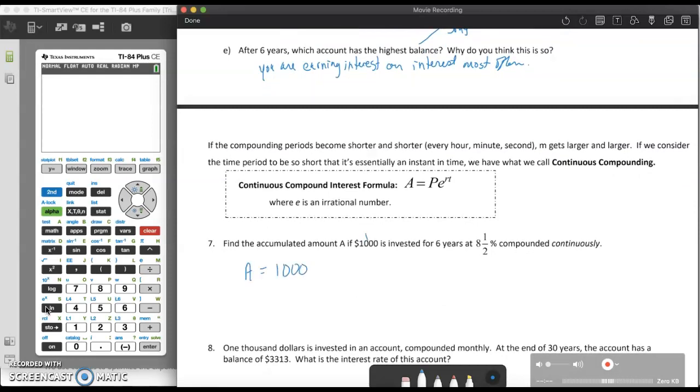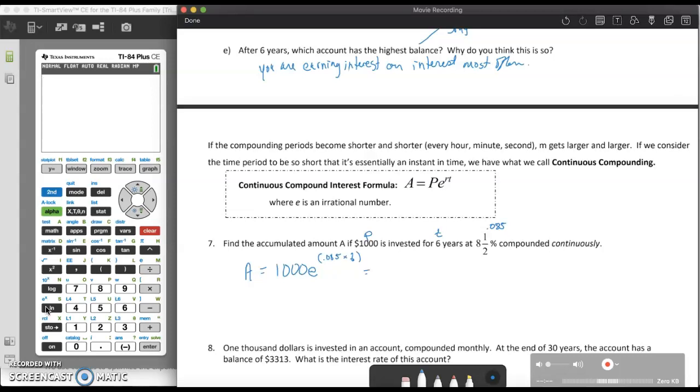That's our principal still. 6 years is our time. 0.085 is still our rate. The only difference is now we're using e here for our continuously compounded. And so then the power is the r times t, so the 0.085 times 6 power.